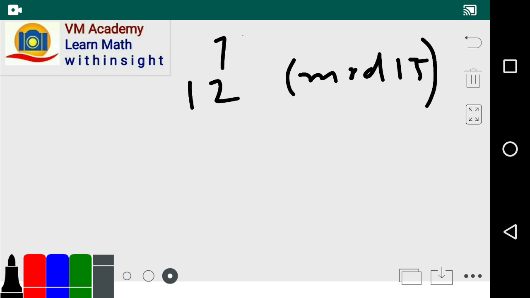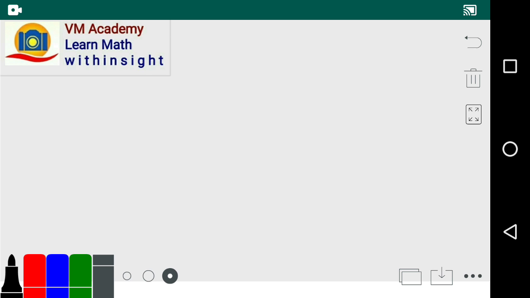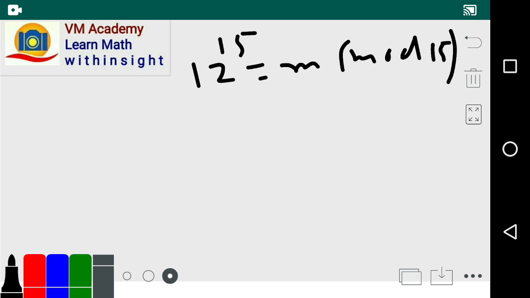Now suppose we would like to calculate the remainder of this, 12 raised to 7, with respect to modulo 15. Now we want to calculate this remainder.